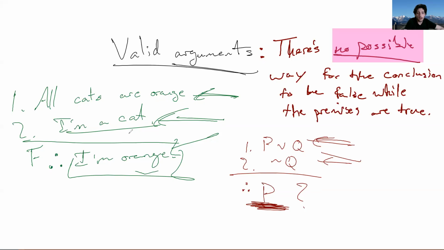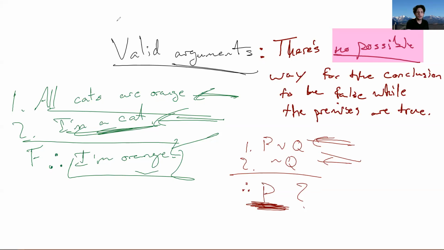If I wasn't, then I'm either not a cat, or you just found a cat that's not orange. But it's fine that we're going into a fantasy world. We're just trying to figure out what's possible given the premises. Do the premises force some conclusion to be true?